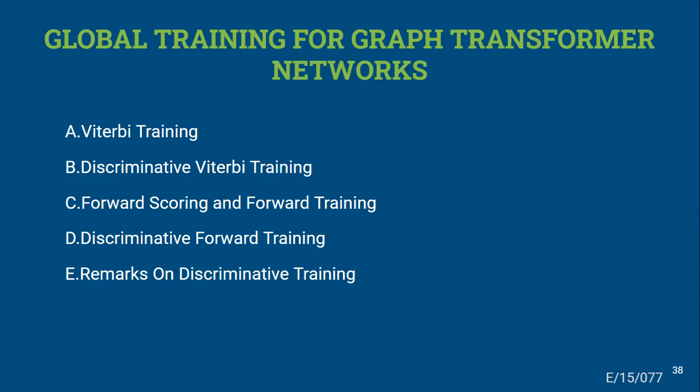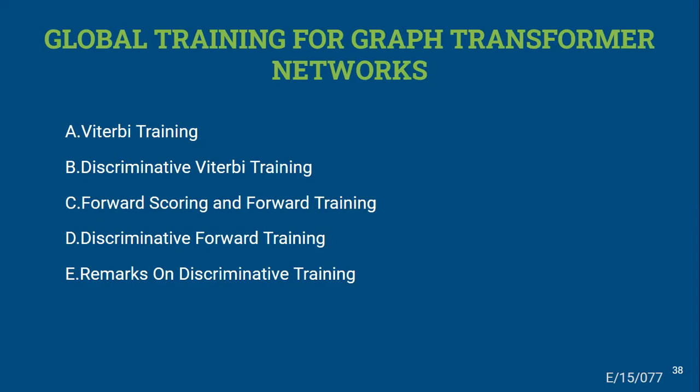This training will be performed with the graph transformer network, but this architecture is slightly different from the recognition architecture. In this paper they have mentioned four gradient-based methods for training graph transformer based handwriting recognizers.